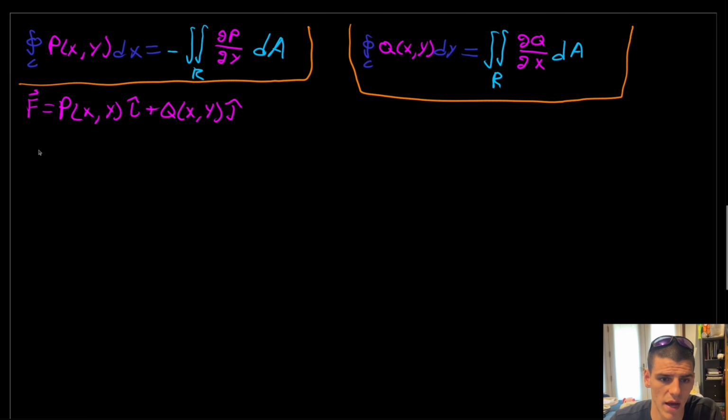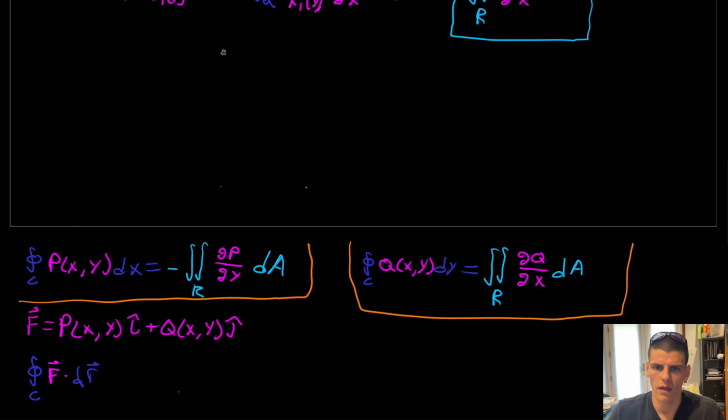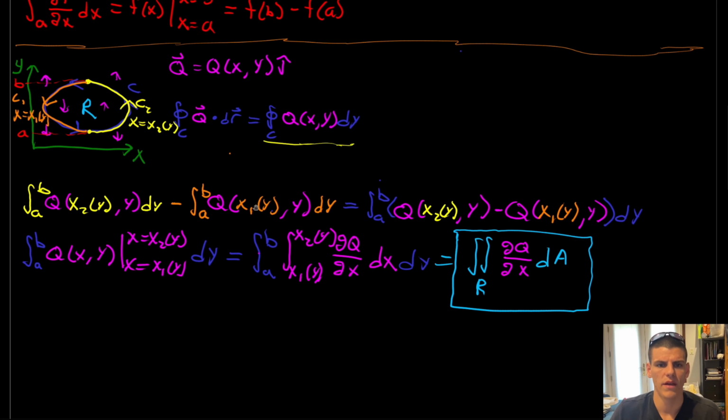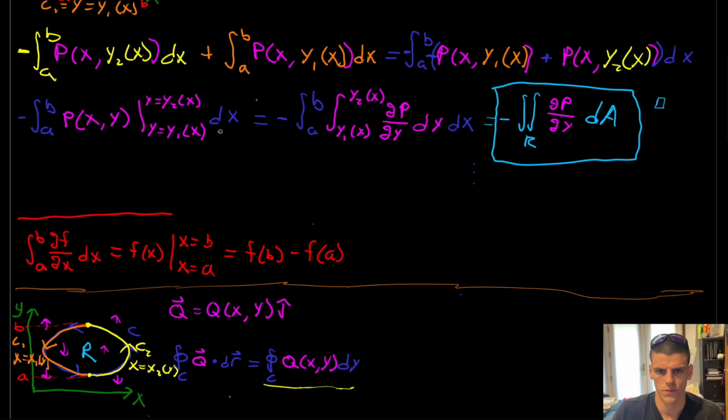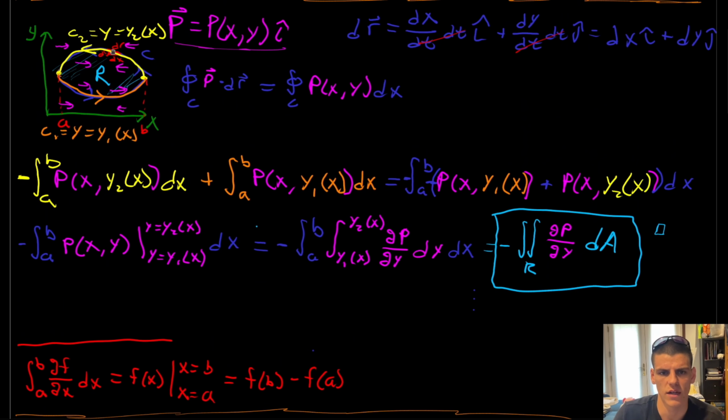And so if we think about that line integral over the closed curve C, we're trying to find F dot dr. But what was dr? As we talked about up here, dr is this little increment around the curve. And we thought about it as dx times the i component, so the change in x times the i component, and the change in y times the j component.